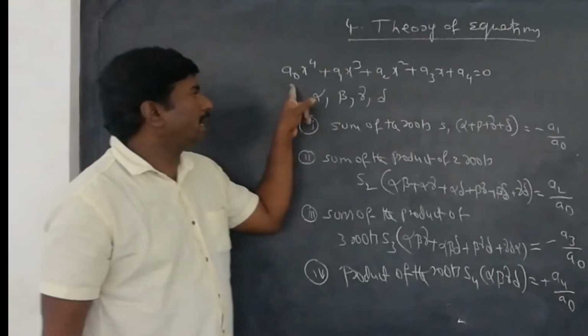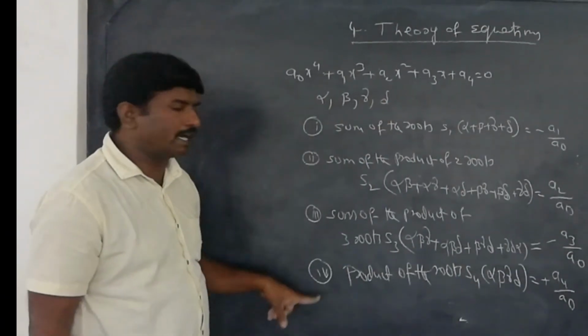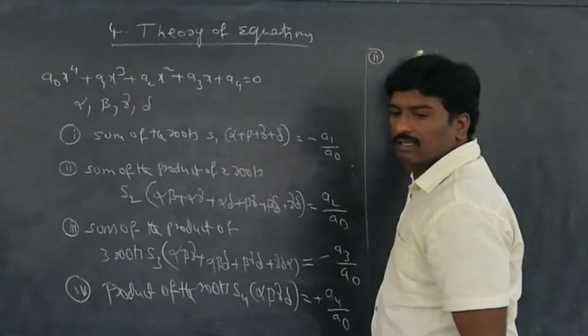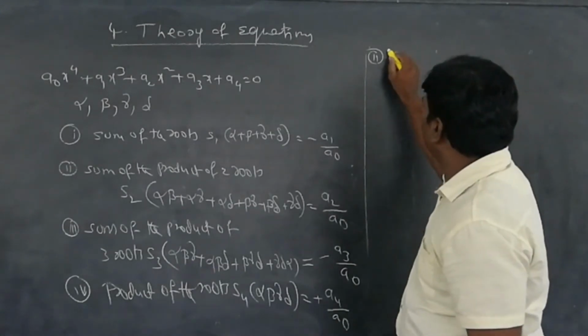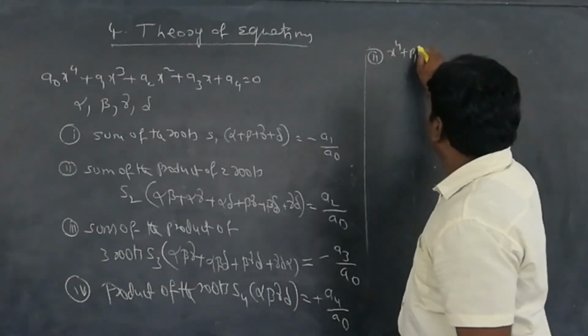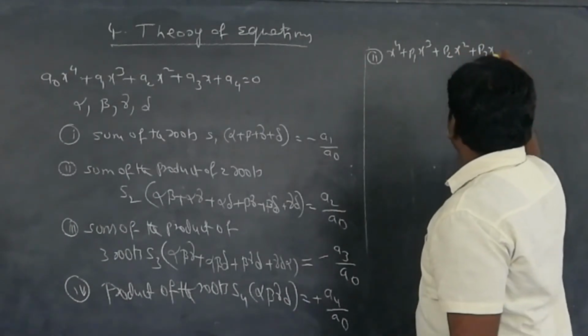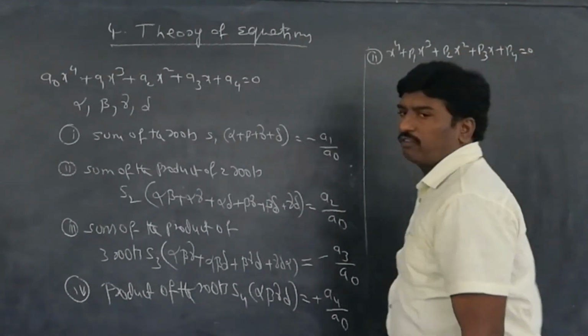So for a biquadratic equation we have 4 conditions. Monic, this is the second one. Now I am taking a monic biquadratic equation, x power 4 plus p1x cube plus p2x square plus p3x plus p4 equal to 0.